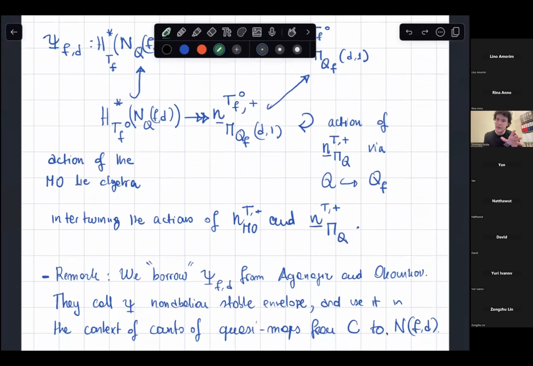That's not the way we do it. We see this map, but like them, we interpret it as a correspondence.